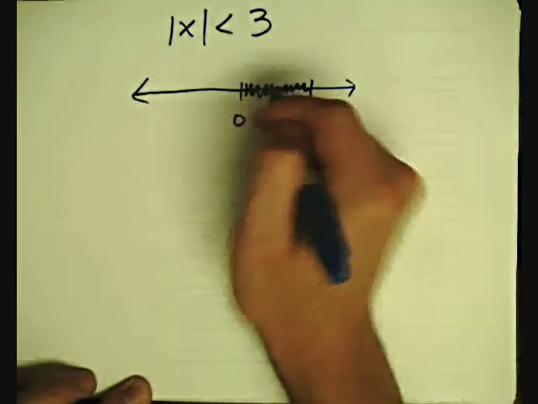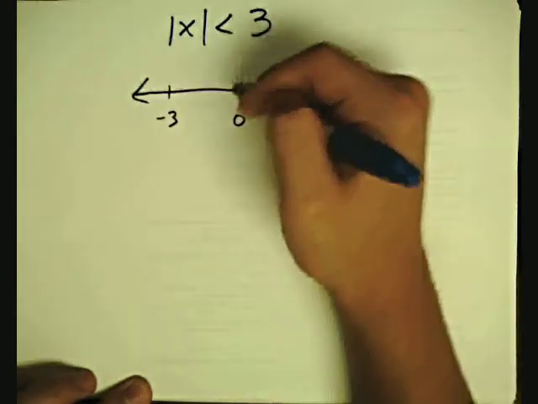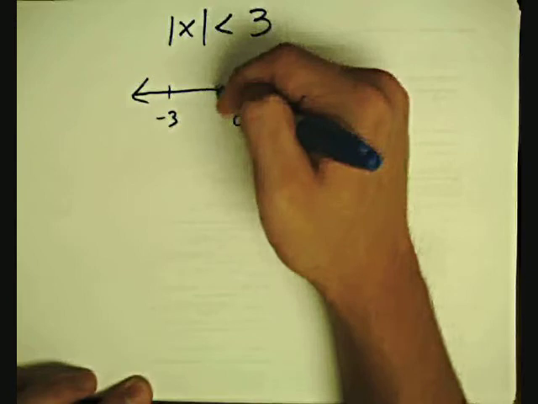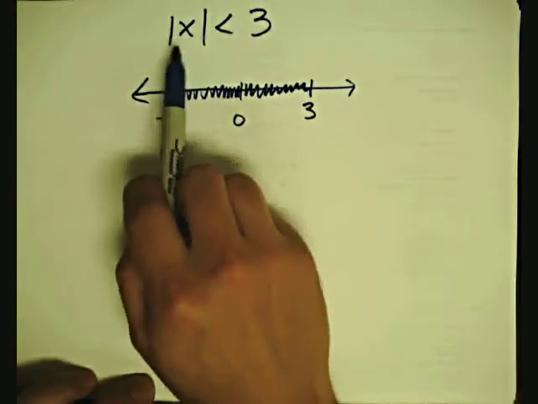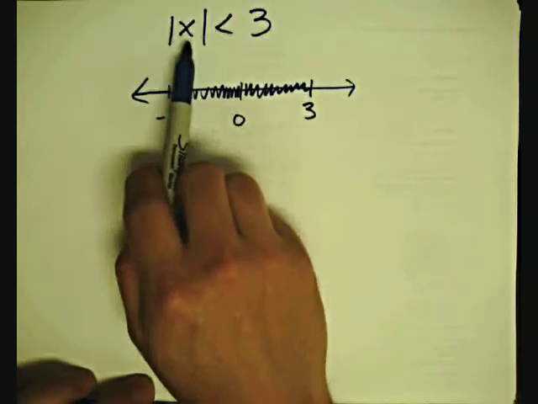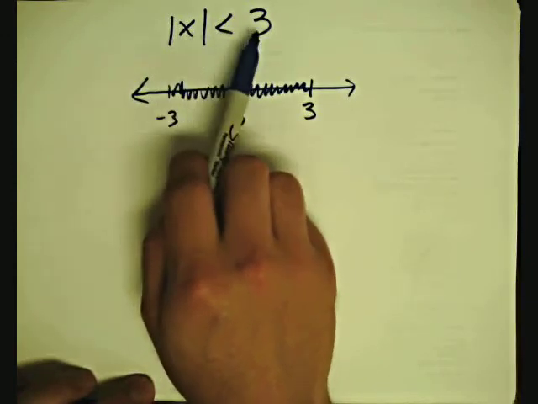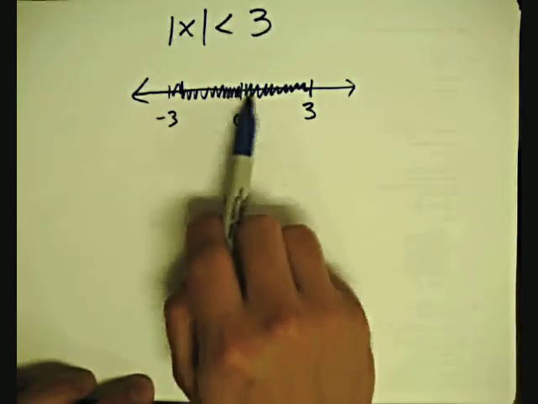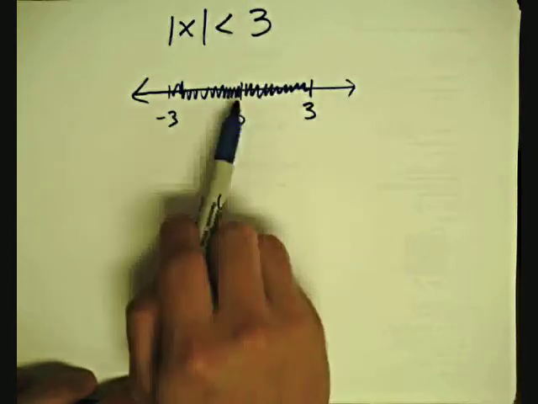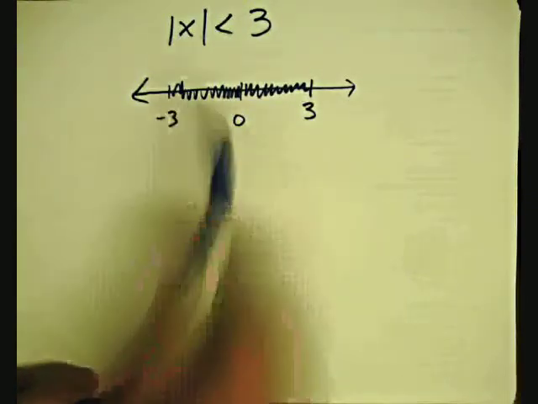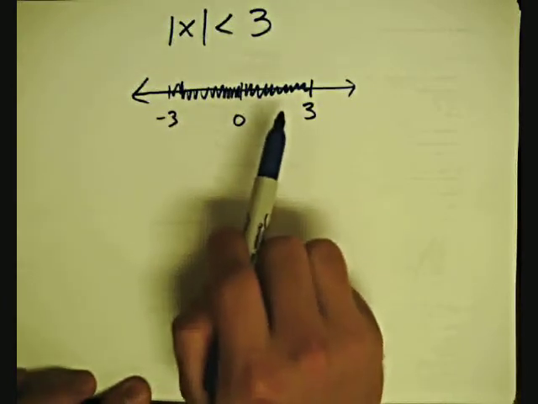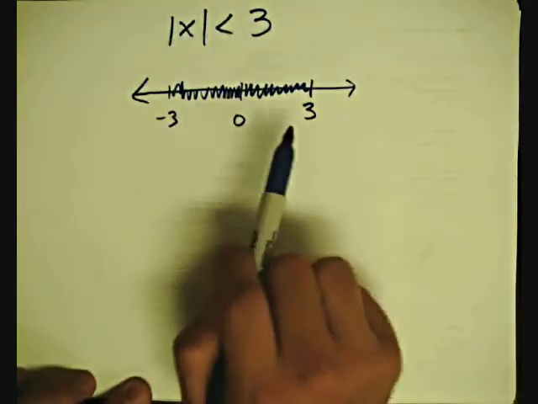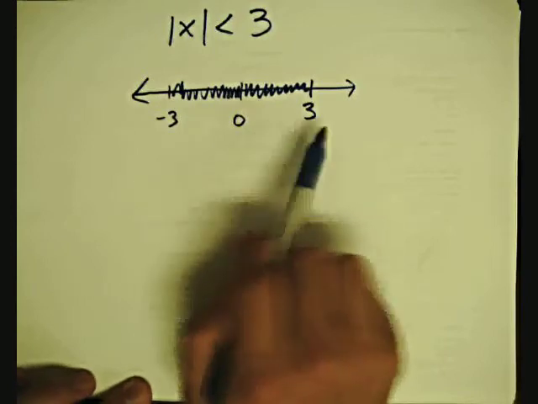And to the left, anything up to -3 will correctly solve it, because again, it's saying the value for x needs to be less than a distance of 3 from 0. So to the right, that's up to 3. To the left, that's down to -3. So this looks like a compound inequality number line graph.